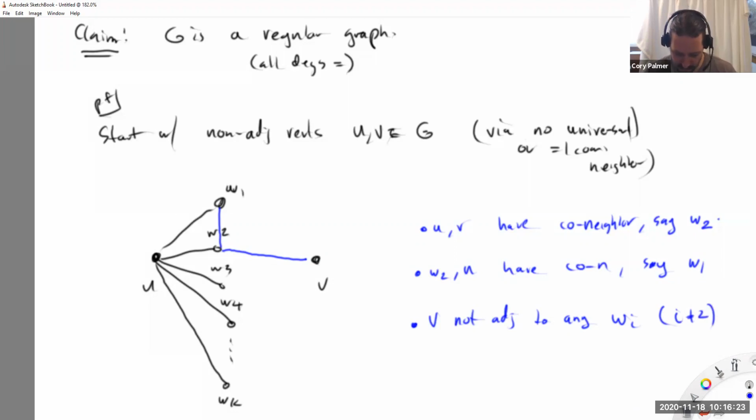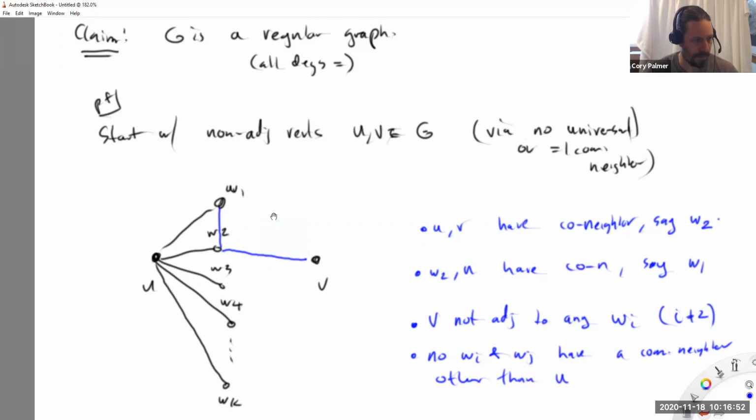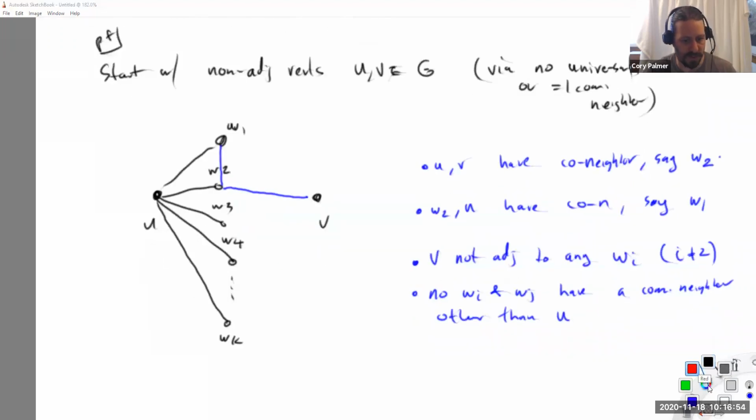Let's also notice that no Wi and Wj have a common neighbor other than U. So let me draw both these things that I'm claiming real quick.